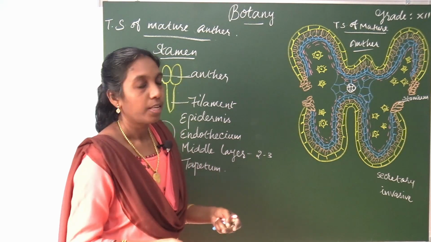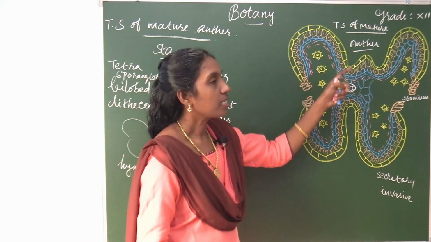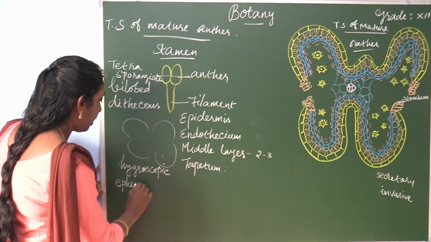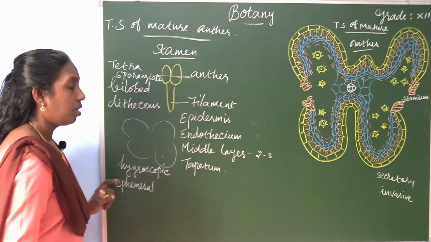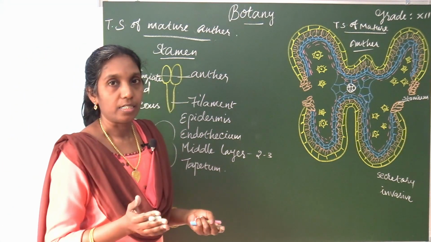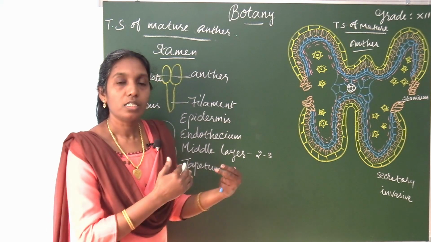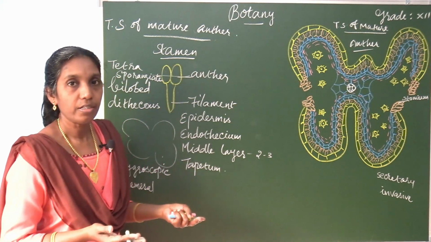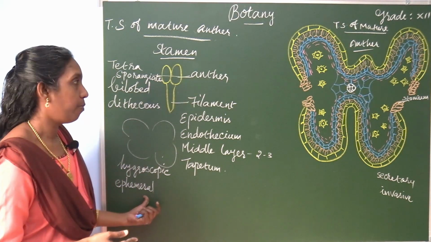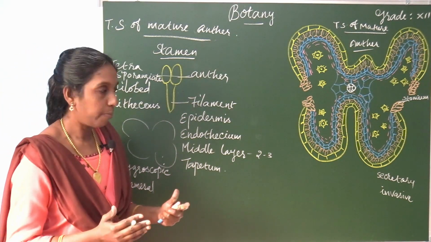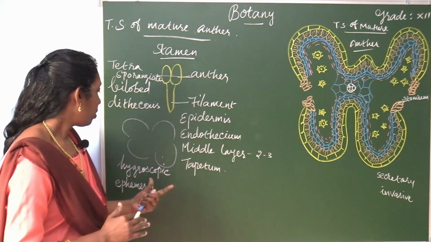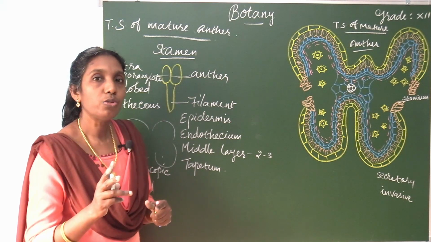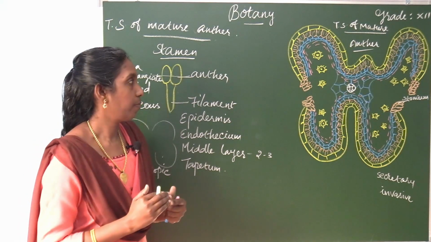Normally, this middle layer is ephemeral, which disintegrates very soon. It is not permanent, that is called ephemeral. So the middle layer is ephemeral, the endothecium is hygroscopic, and the middle layers are 2 to 3 layers.